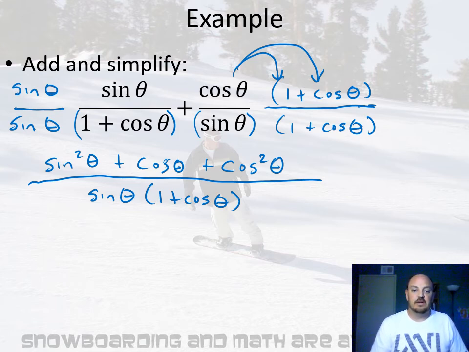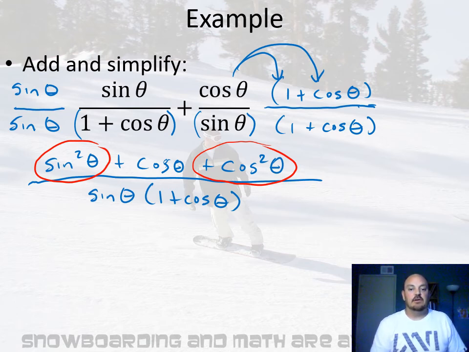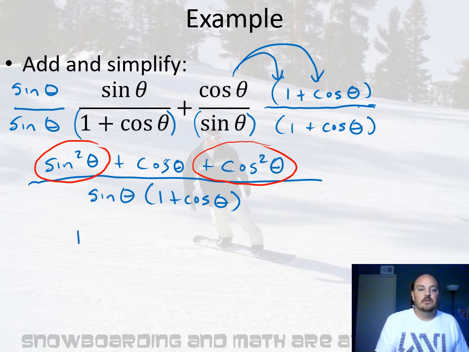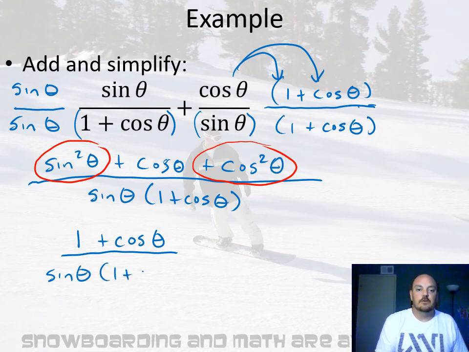Now comes the simplifying part. One thing I want to point out here, even though it's not maybe written in the right order, this together is your main Pythagorean identity, sine squared theta plus cosine squared theta. That equals 1. So let's make that substitution. Let's make this 1. We'll still have that plus cosine theta from the middle. And on the bottom, we'll leave it for now.